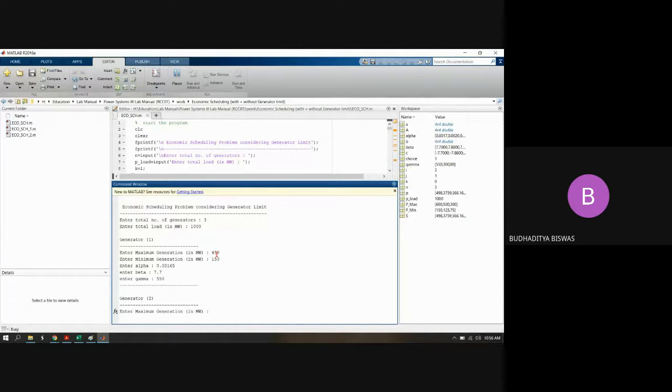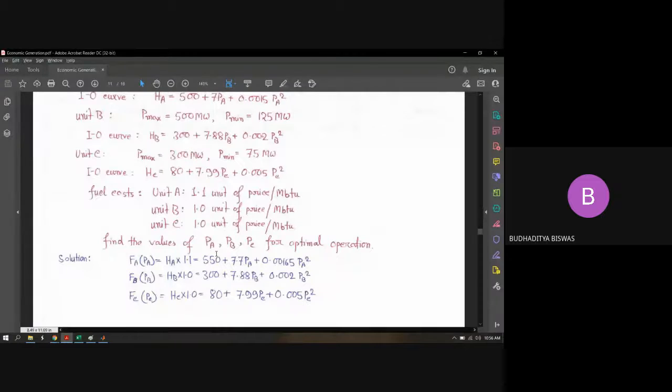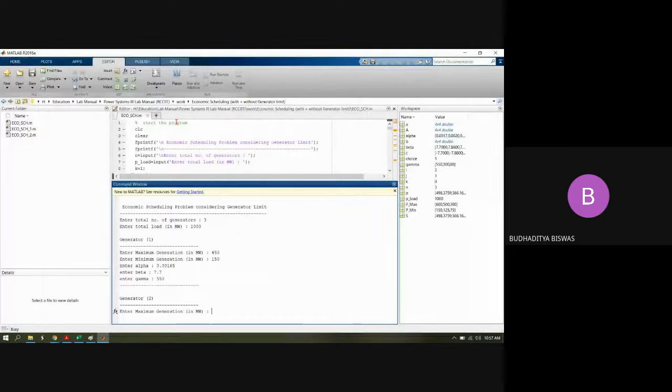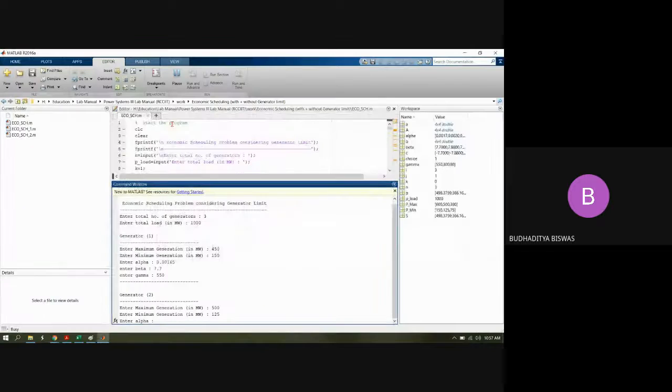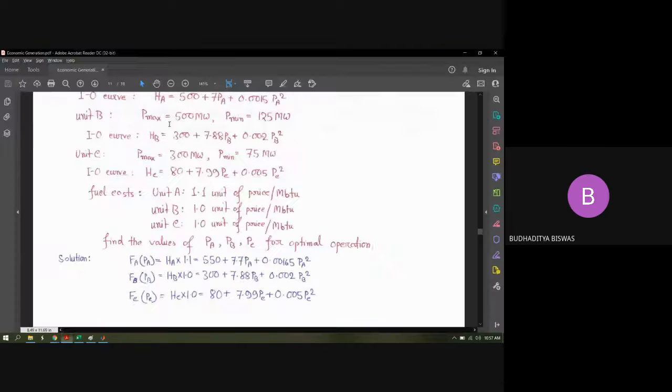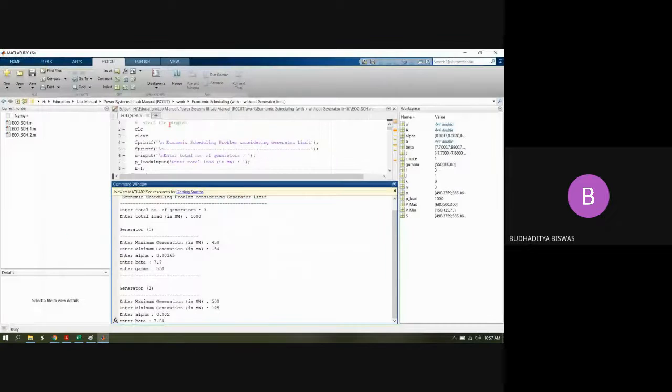Then for generator 2, I don't want to change the limit: 500, 125, and alpha, beta, gamma are 0.002, 7.88, and 300.